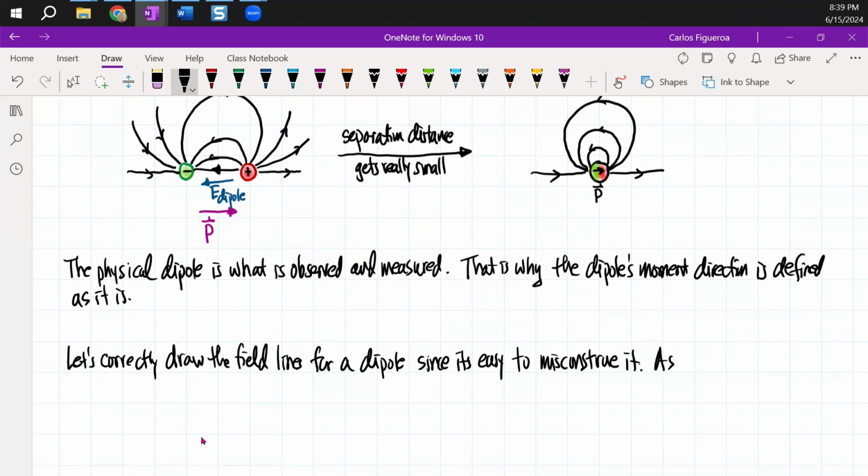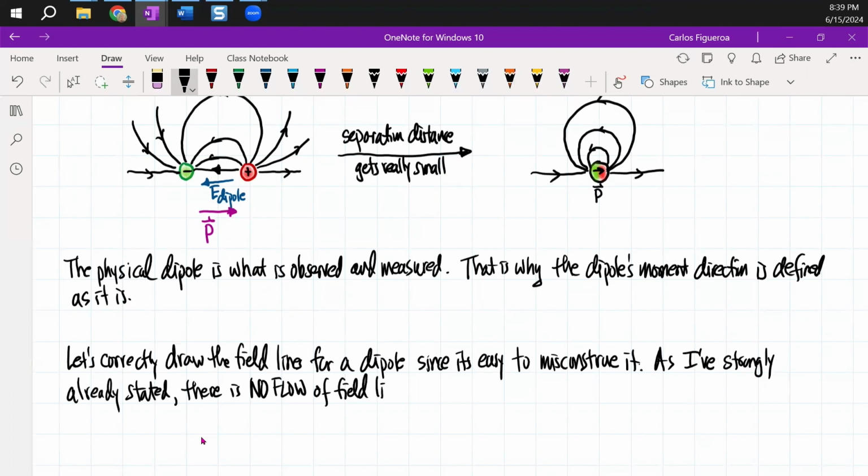As I have already strongly stated, there is no flow of field lines.